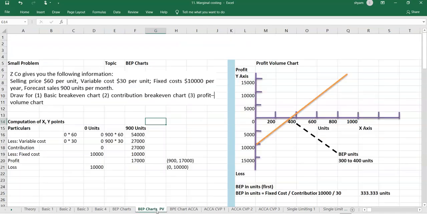We can get the PV chart data. We already did this PV chart, so from there we will get it and work it out.